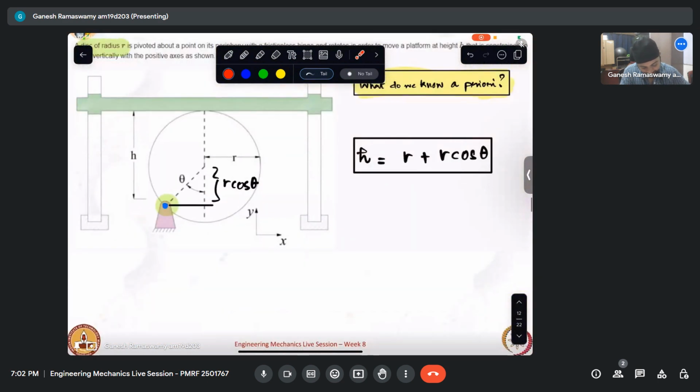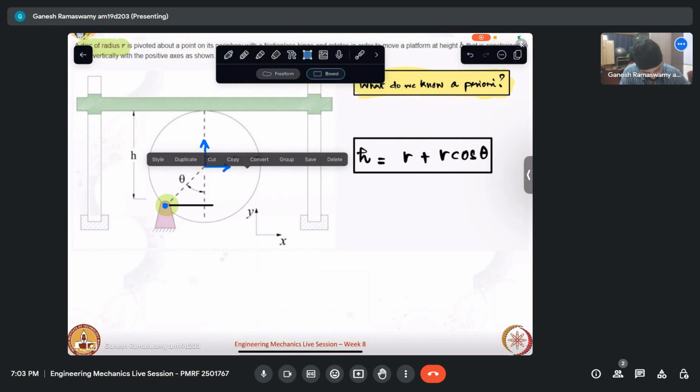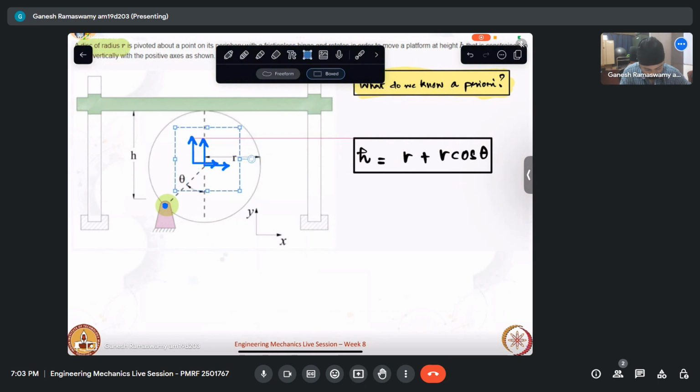Let us say I have my set of axes like that. After some time t, it would have to translate in a circular path. After some other time, it will be like that.